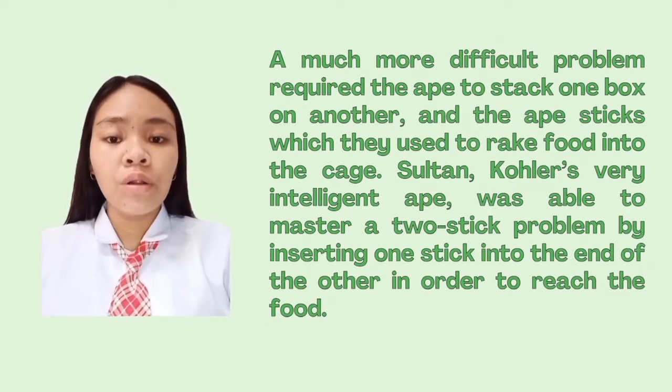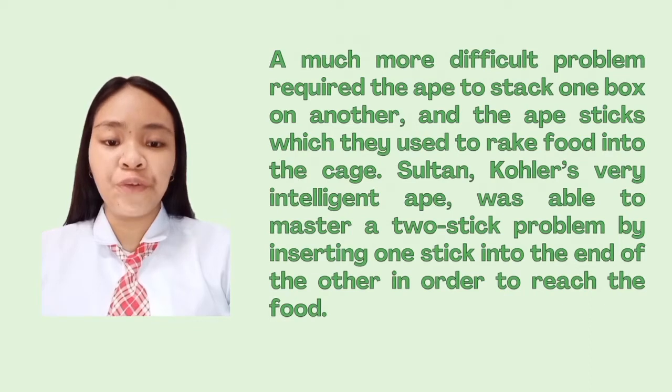Sultan, Kohler's very intelligent ape, was able to master a two-stick problem by inserting one stick into the end of the other in order to reach the food. So the problem was solved by placing the smaller stick into the longer stick to create one very long stick that could be used to knock down the hanging fruit.